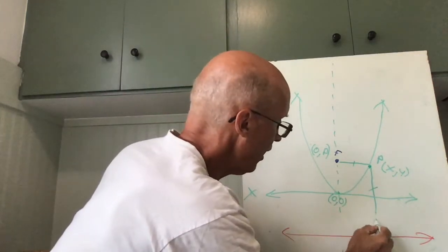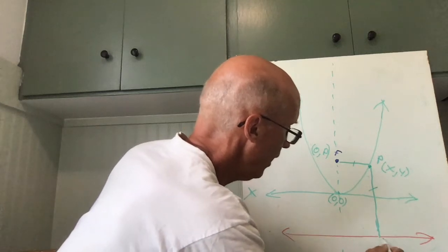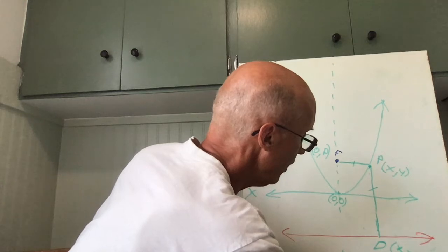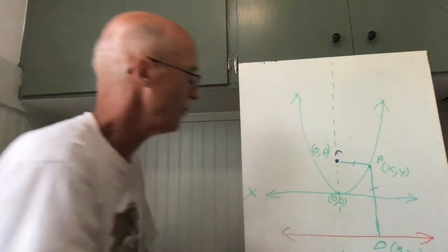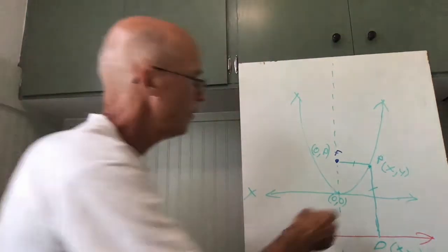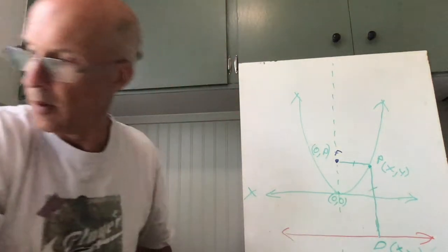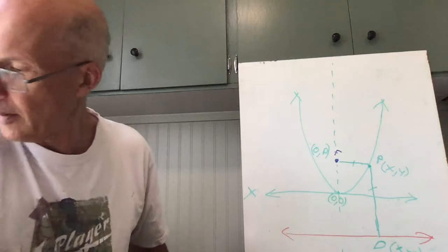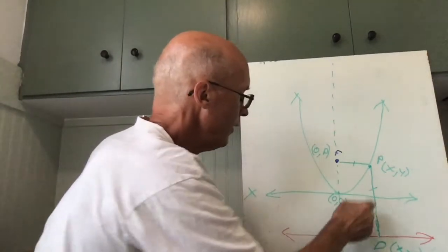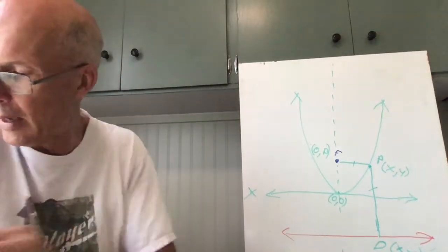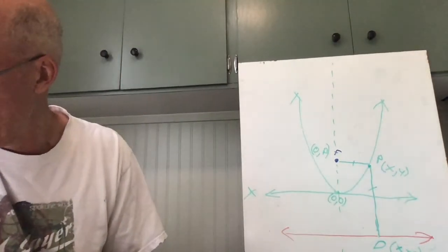So this is down, and this is the point D, and this is over x and down p. Okay, I'm going to leave it. I don't know that I'm going to make it any better.